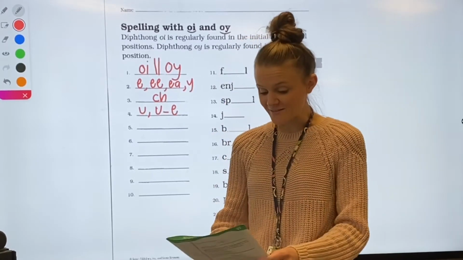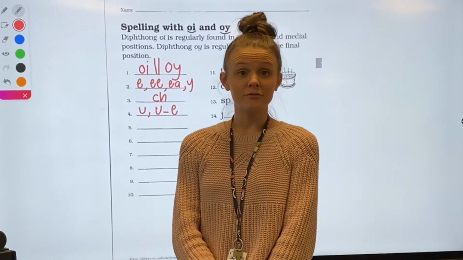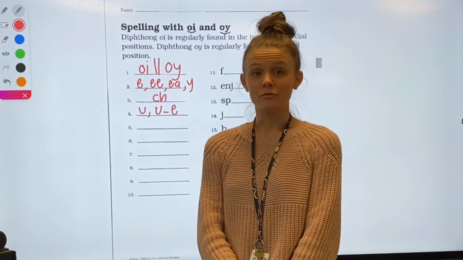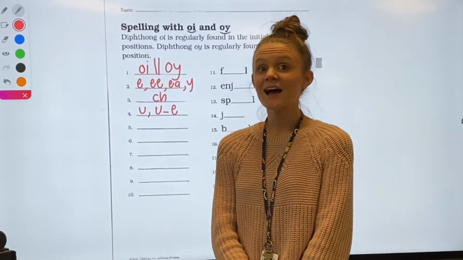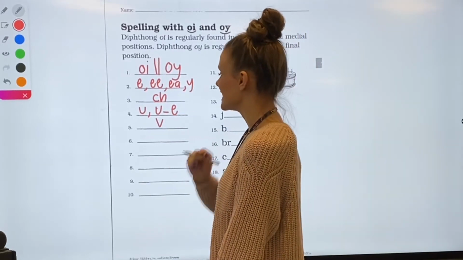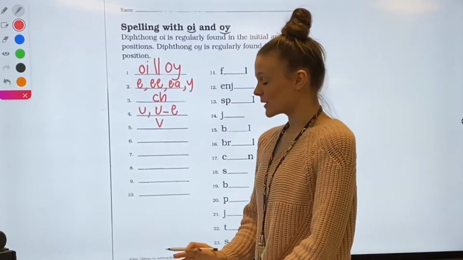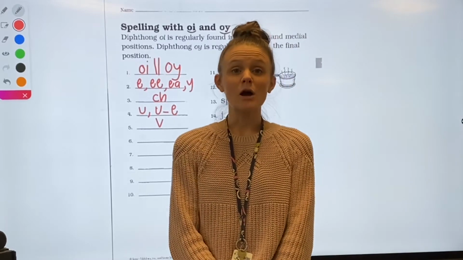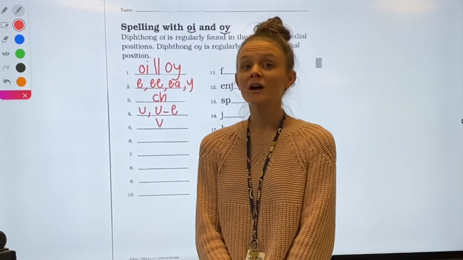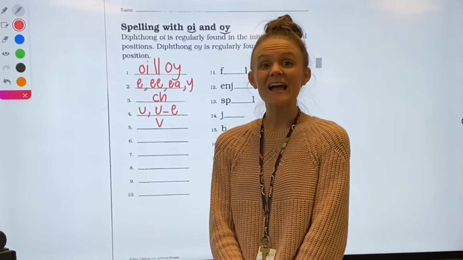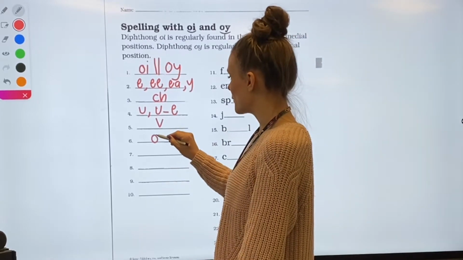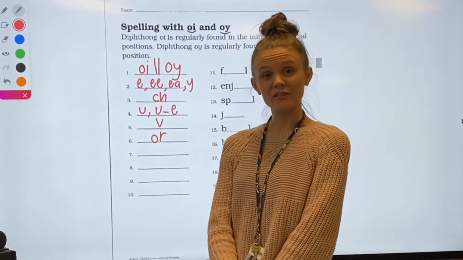For number 5, my letter sound is V. V. Yes, letter V makes that sound. For number 6, my letter sound is or. Or. Yes, this is that O-R combination we learned.